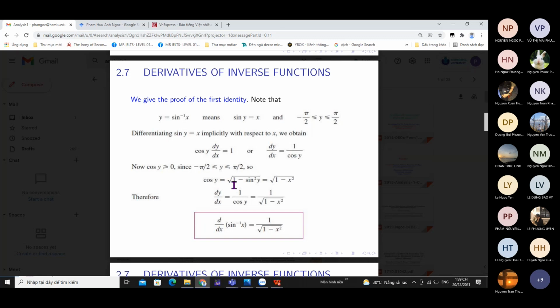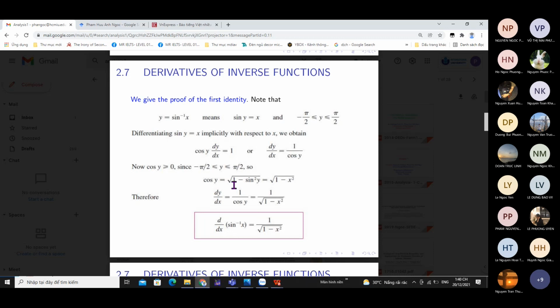Now, we differentiate each term of the equation sine of y equals x with respect to x. Keep in mind that here, y is a function of x, and that's why here we apply the chain rule. So, we go from the left to the right.